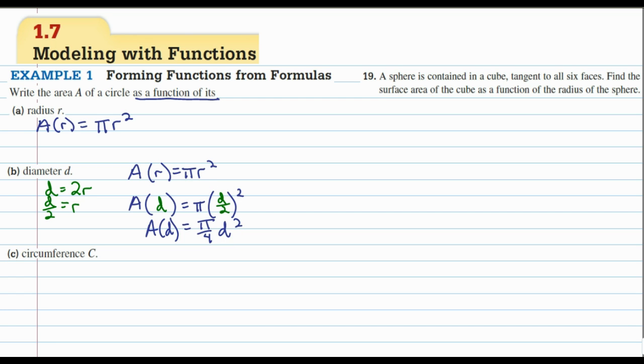Now part C asks us for the area as a function of the circumference. Well, I have to find out how circumference and radius connect because I have the area as a function of radius very easily. Well, I know the circumference is 2 times pi times the radius. So now I'm going to divide both sides by 2 pi.